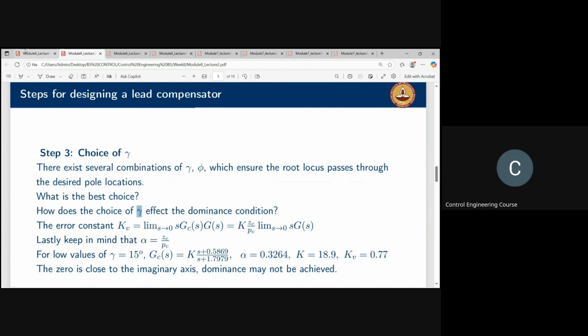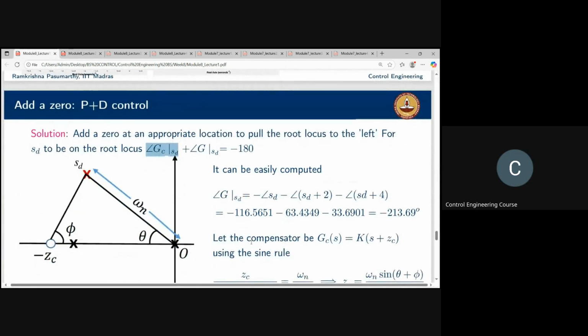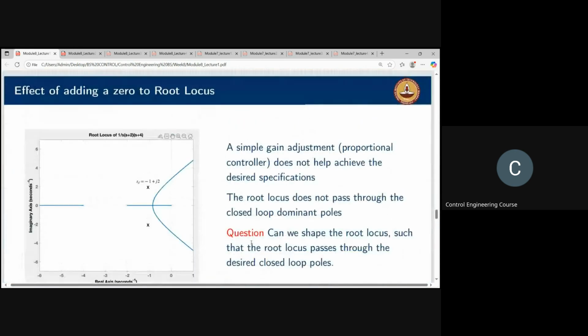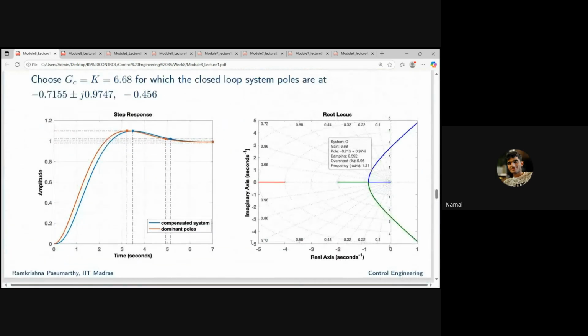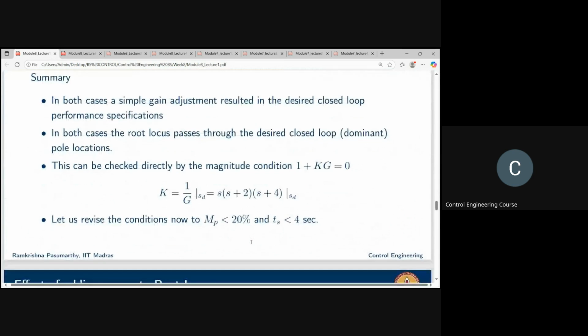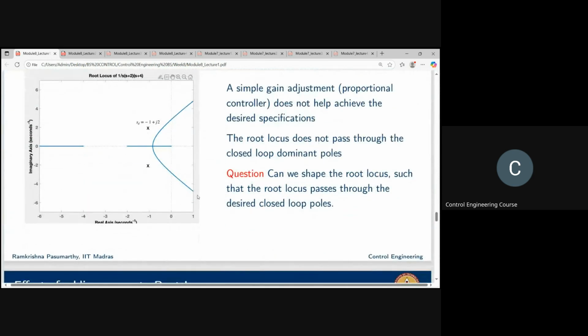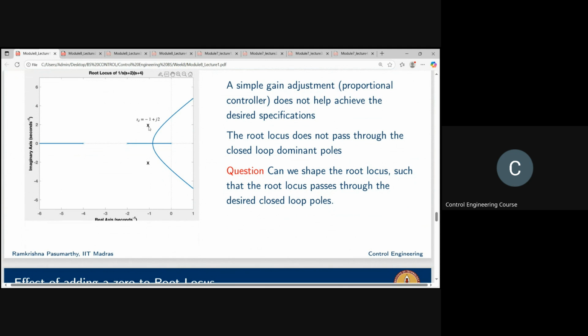In the previous PD control design, after making the zero pass through this using the PD controller, you have to simulate and ensure that the other third pole is non-dominant, far away from the dominant poles. If it is not, you have to choose another SD that is in the trapezium.